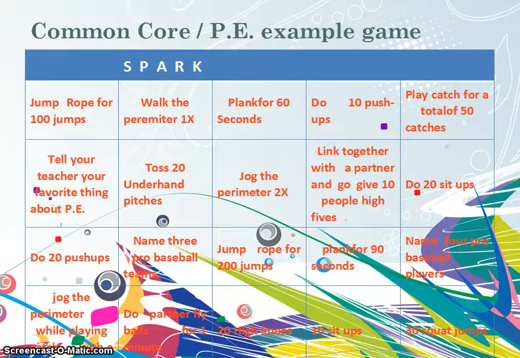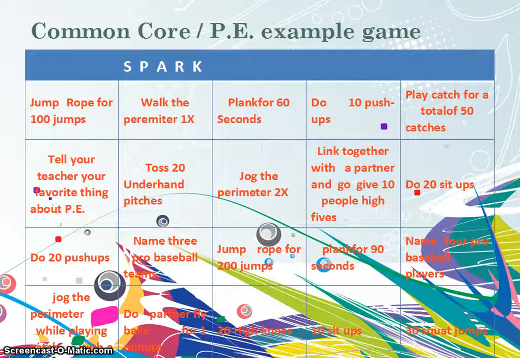And here's another example of how Common Core can be implemented in the PE classroom. This is a word puzzle. You've got to get 4 in a row, either vertical or horizontal, and this includes math and reading.